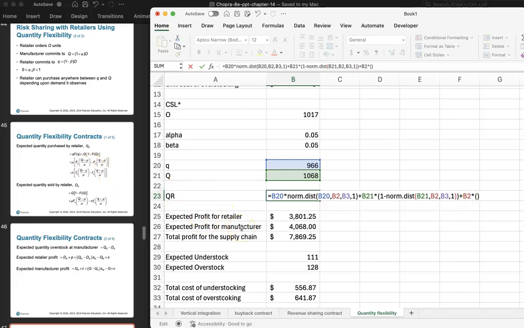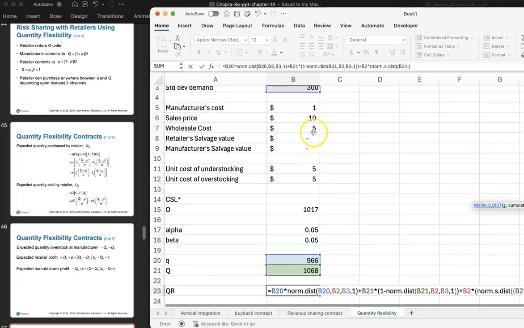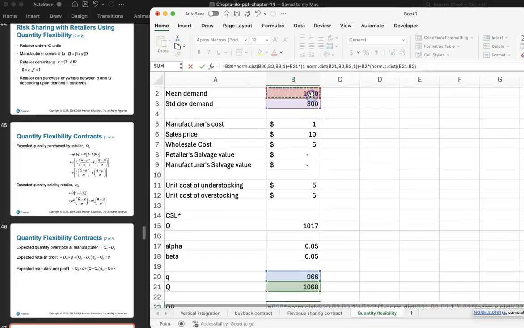The first one is NORM.S.DIST. Why S? Because it's a standard normal distribution, and the standard normal distribution is capital Q minus mu over sigma. So that'll be capital Q minus mu divided by standard deviation. And yes, we are doing cumulative because it's all capital right now.